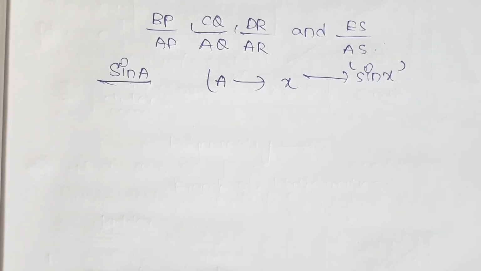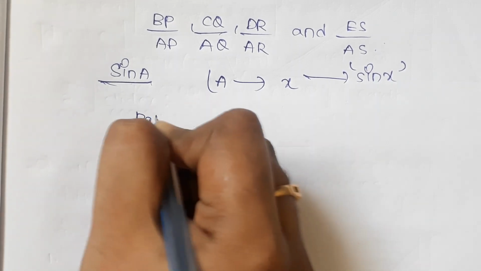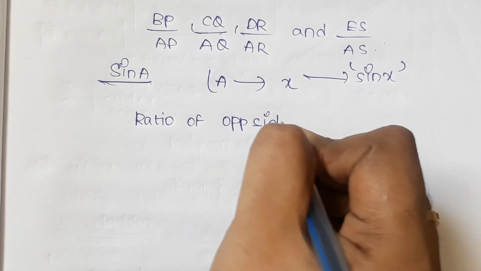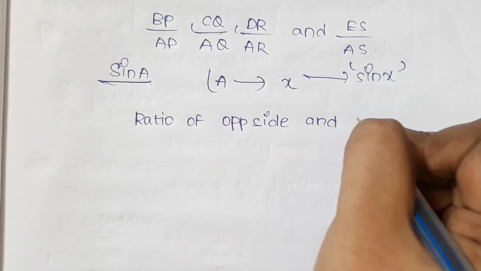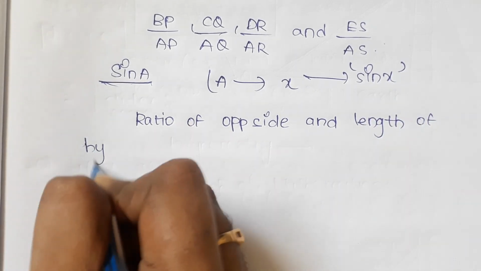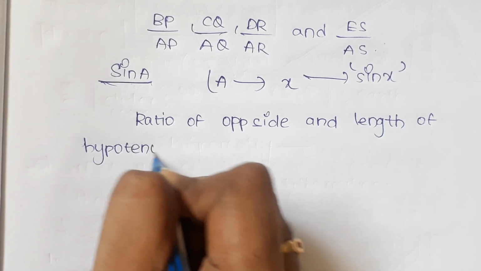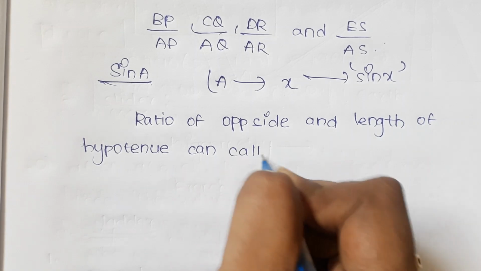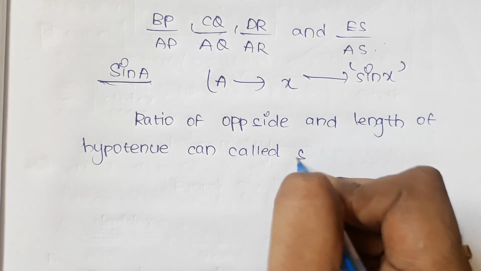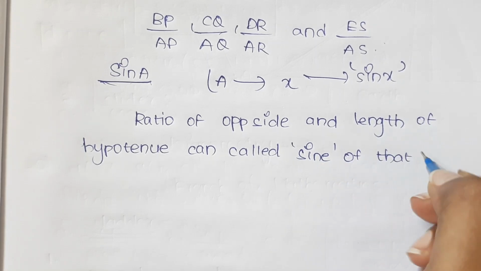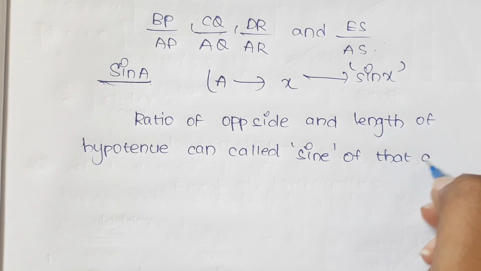Hence we can conclude that the ratio of the opposite side and the length of the hypotenuse can be called the sine of that angle, and for any triangle it is constant.